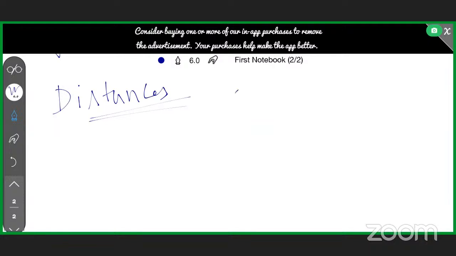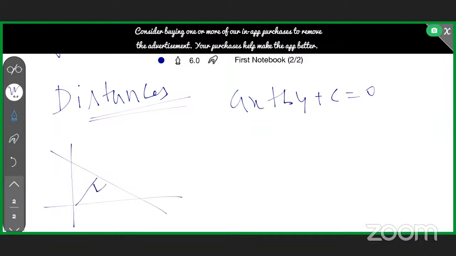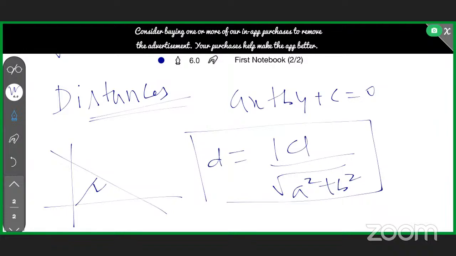If ax plus by plus c is equal to 0 is a line equation, then the perpendicular distance of this line from the origin, that is the distance of the normal, is given by mod c divided by root of a square plus b square.